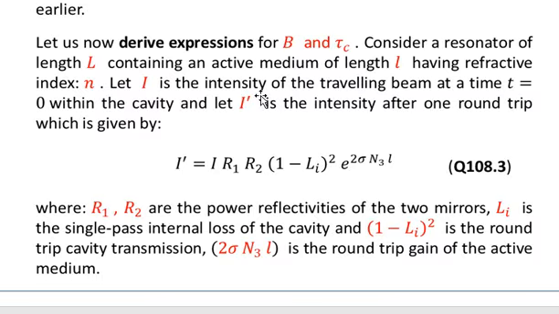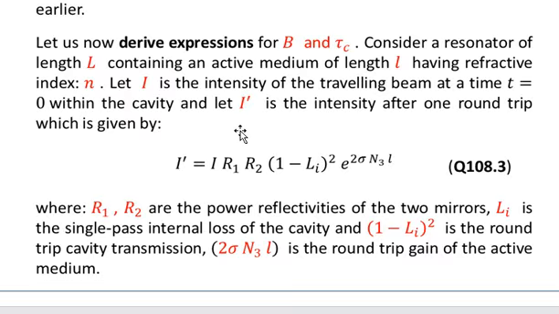Let capital I be the intensity of the traveling beam at time t equal to 0 within the cavity, and let I prime be the intensity after one round trip within that resonator, which can be written as I prime equals I times R1 times R2 times the square of 1 minus Li times e to the power 2 sigma n3 times L. So this is the equation.